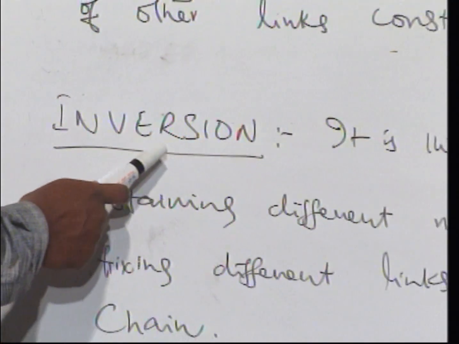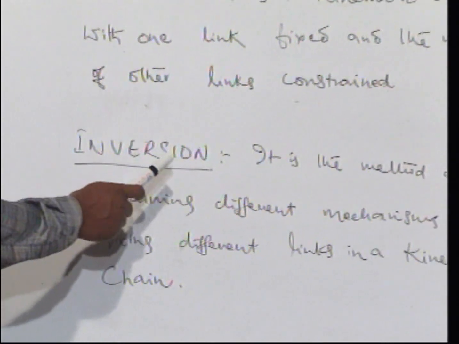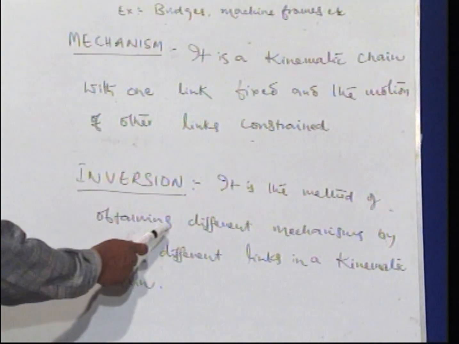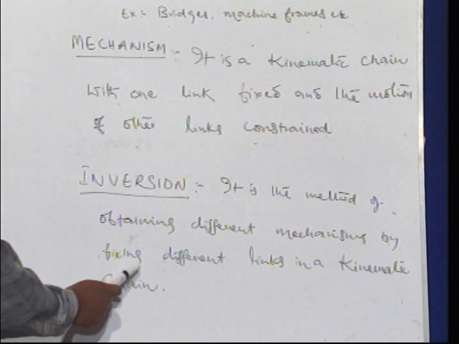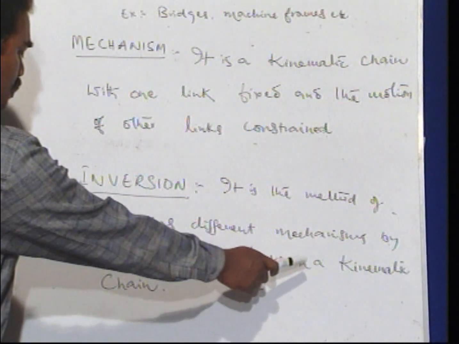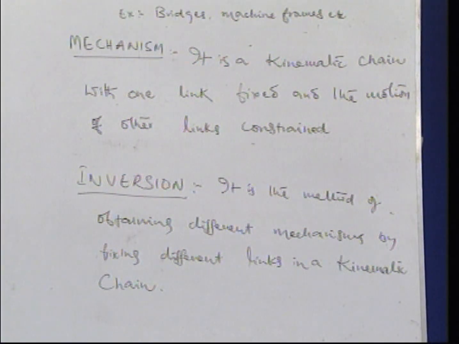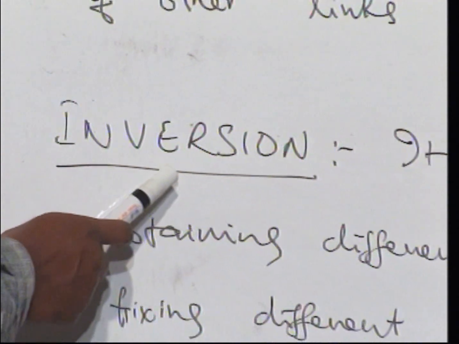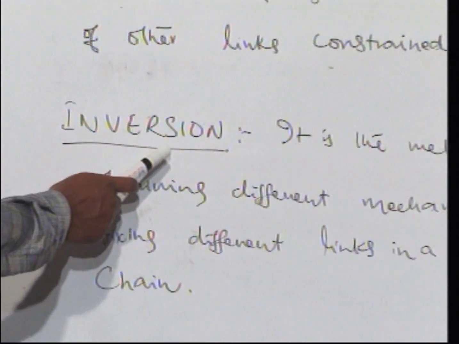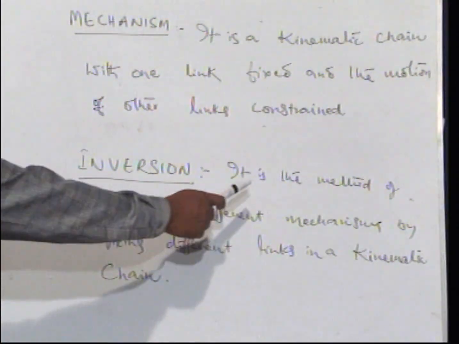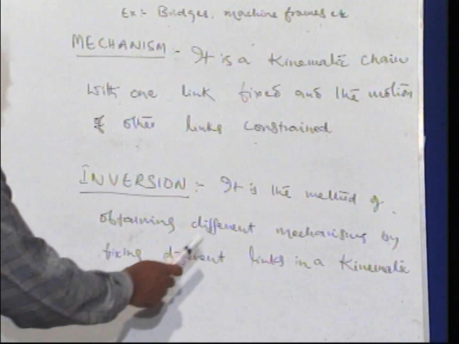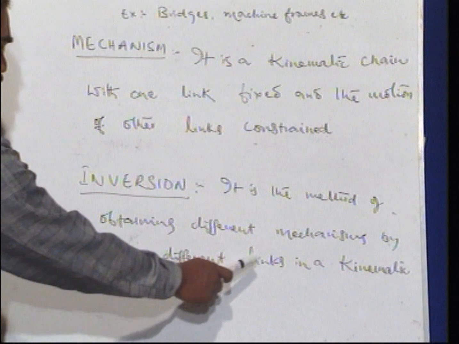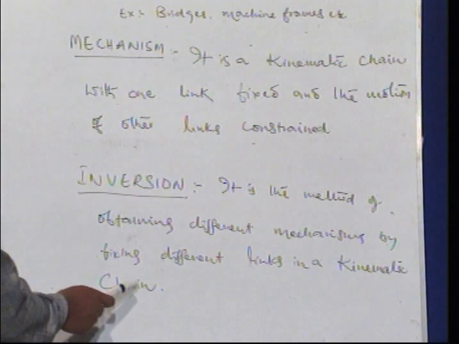Now, inversion, it is the method of obtaining different mechanisms by fixing different links in a kinematic chain.